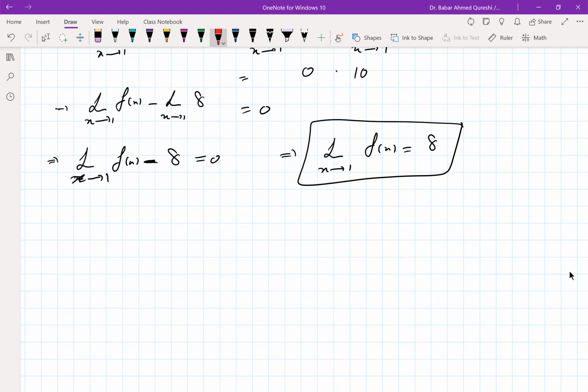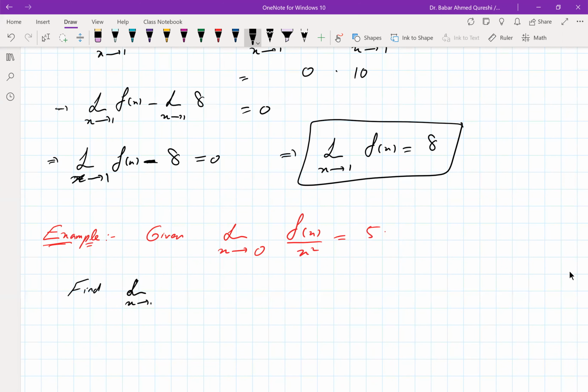Let's consider another similar problem. So suppose you are given, and you want to find f of x.